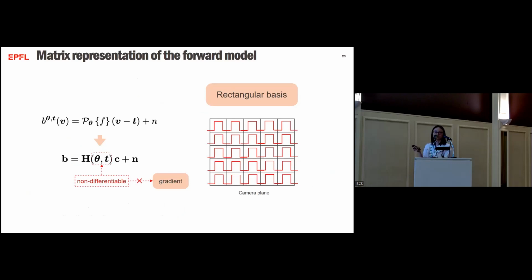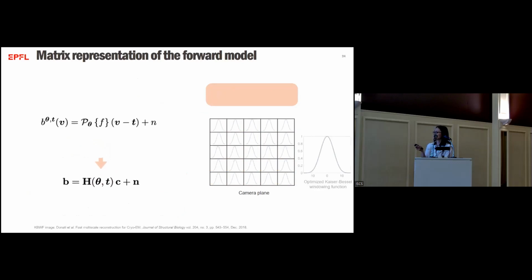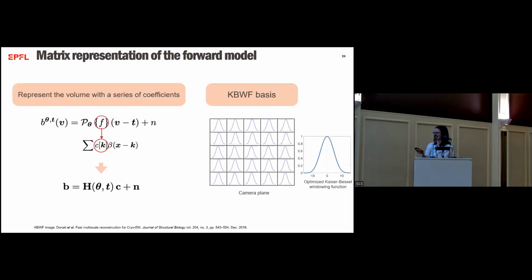To do better than this, we use instead another basis function called the optimized Kaiser-Bessel windowing function. Under this discretization, we can represent the volume with a series of coefficients, the coefficient vector C. And this time it's differentiable, and we can leverage gradient descent-based methods. And even better, it's proven that there is an analytical expression of the gradient.